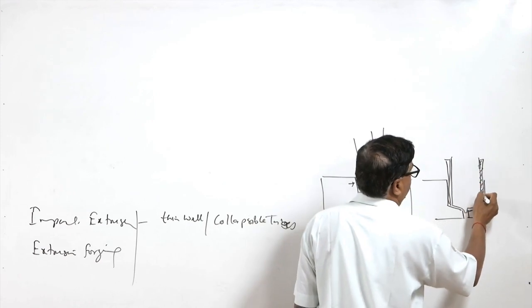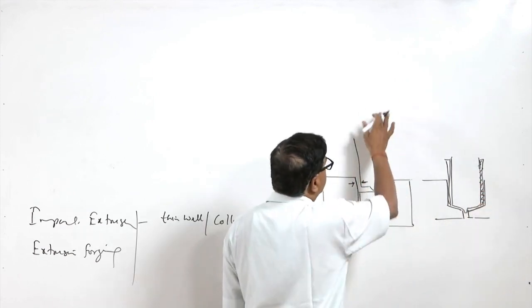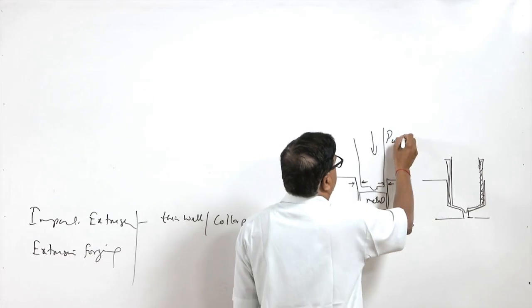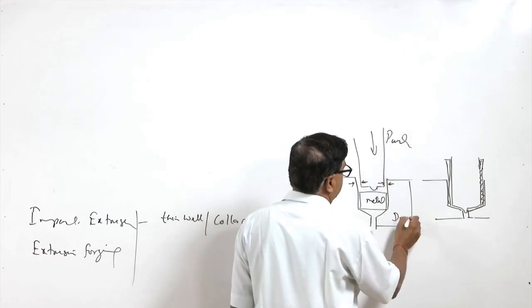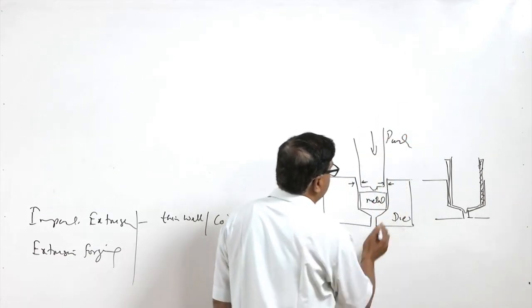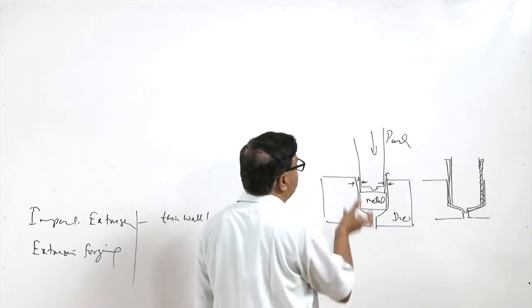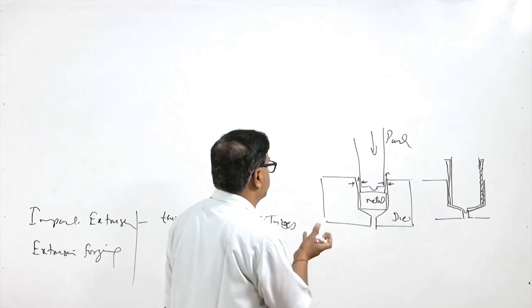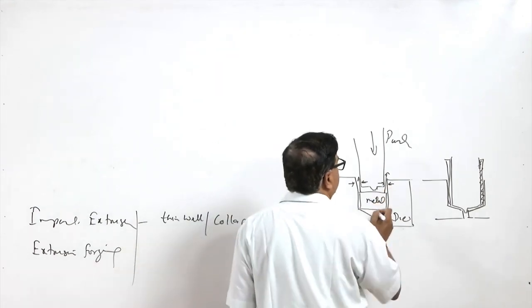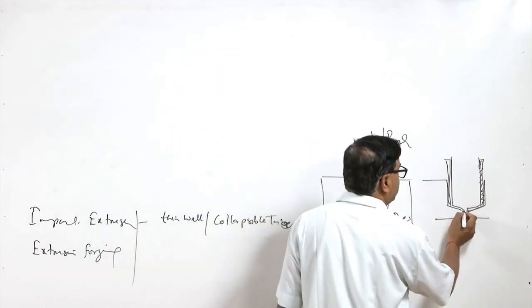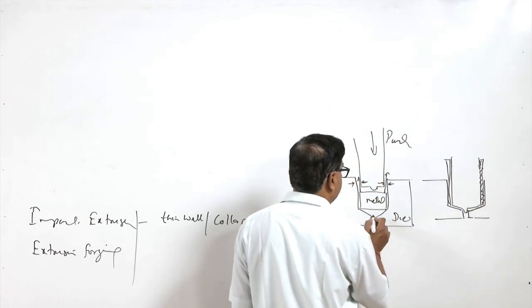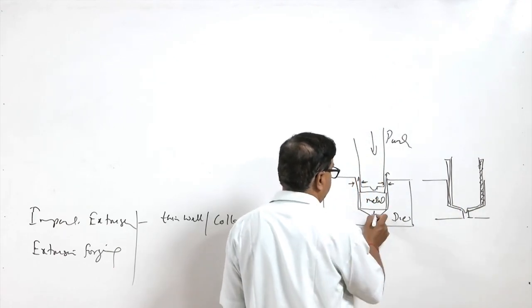So, here the metal flows back. The punch impacts the metal, and the metal starts flowing backward. This is basically back extrusion, and this end will make the opening for the tube.